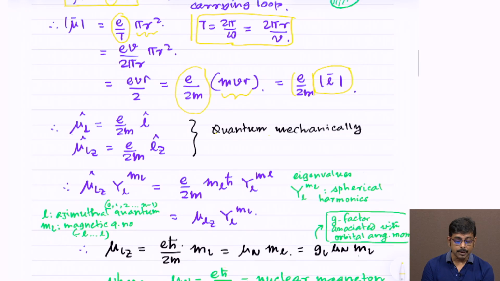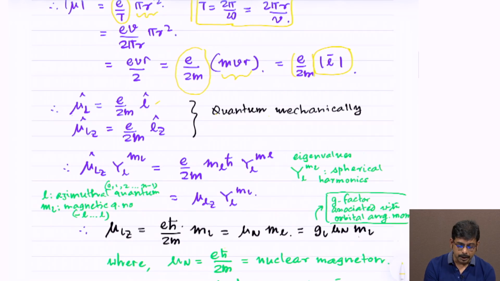Now, quantum mechanically, when we have to convert this to an operator, we can say that the mu L operator will be e by 2 m L operator, or mu Lz operator will be e by 2 m into Lz operator, and so on, right. And then you can try to find what are the possible eigenvalues and eigenstates.